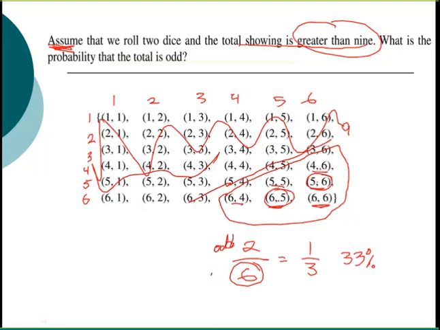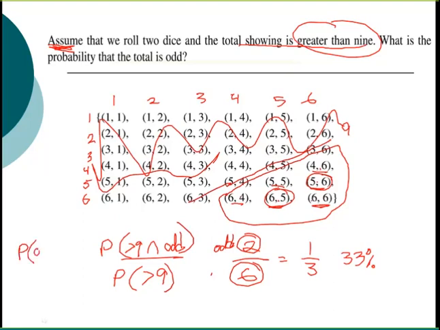If we were to use our formula, the 2 is representative of the intersection of being both greater than 9 and odd, over the probability of being just greater than 9. So it would be the probability of odd given that it's greater than 9, if you look at it that way.